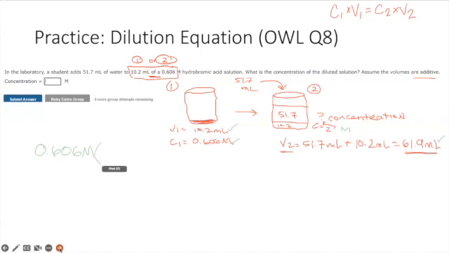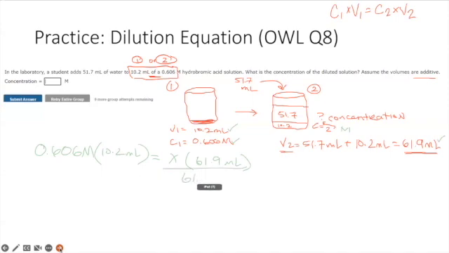Okay, so going back, this was our C1, our V1, 10.2 milliliters, equals C2, which we're solving for, so I'm going to put X, and then V2, which we had to use that additive property to get 61.9.